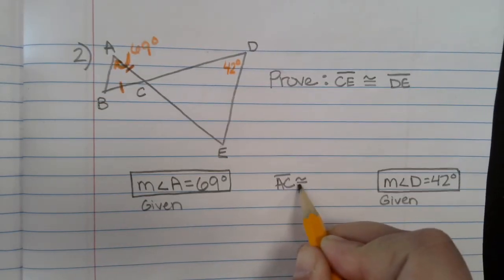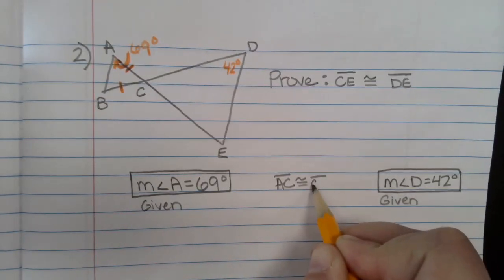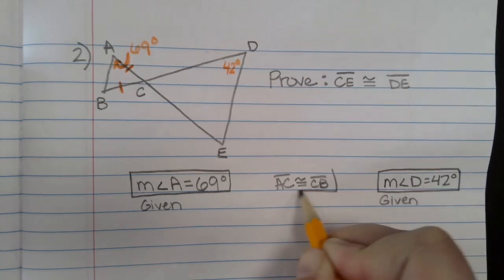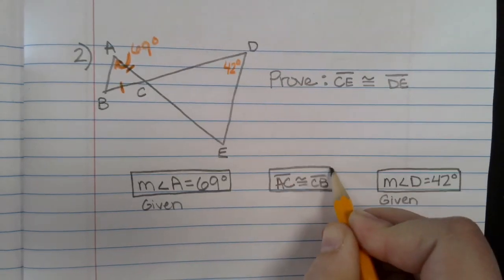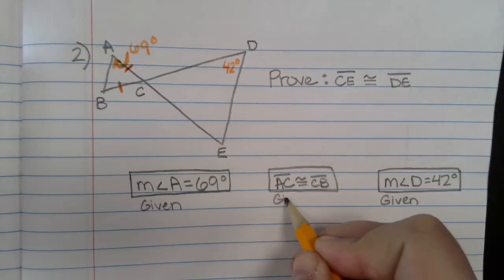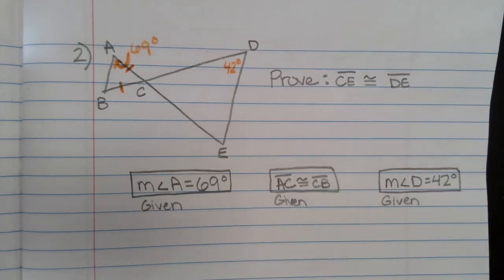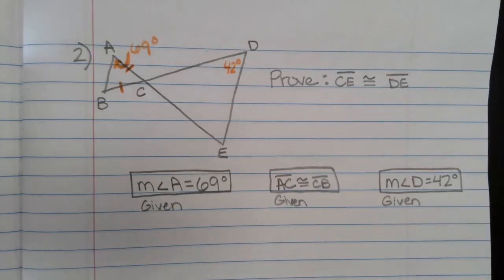Good. AC is congruent to CB. I'm going to throw that one in the middle. It's okay if your arrows cross over in a flow proof. That's the idea of a flow proof, is you can have your arrows go any direction you want. But we are going to give it a moment there.